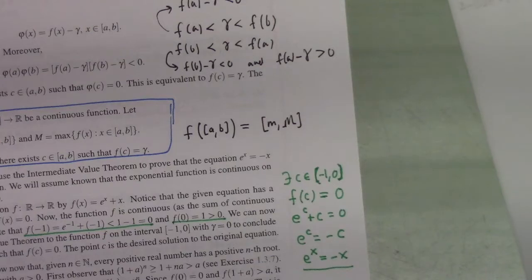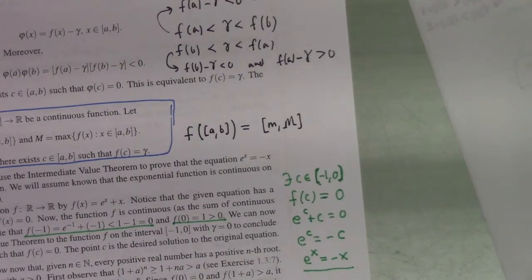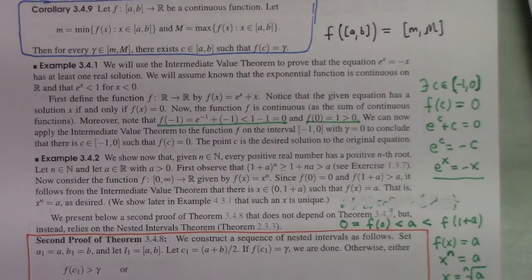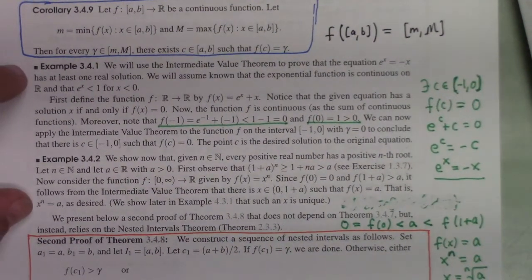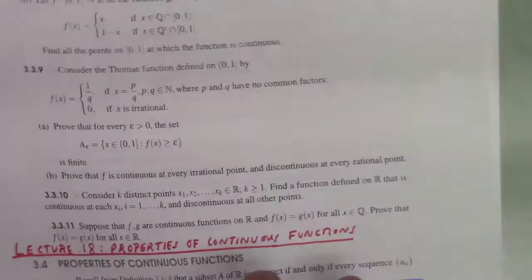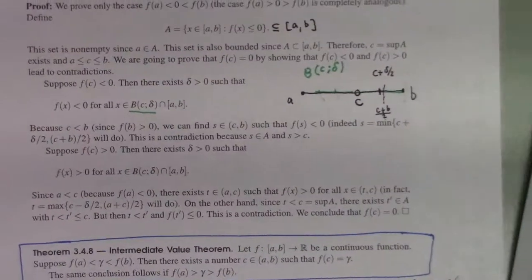I think the easiest way to test on this section is with examples, similar to examples 3.41 and 3.42. This is the more natural way to test this section, right? Although, admittedly, if I give you Bolzano's theorem and ask you to prove the intermediate value theorem, that's not a bad test question, right?